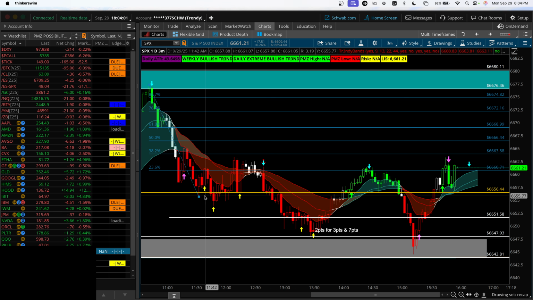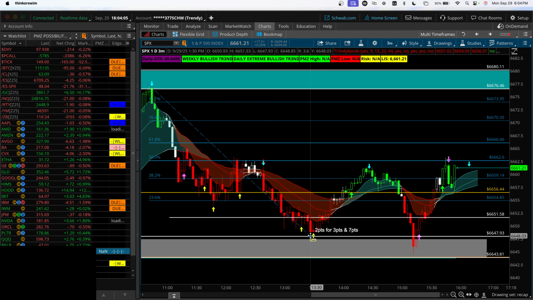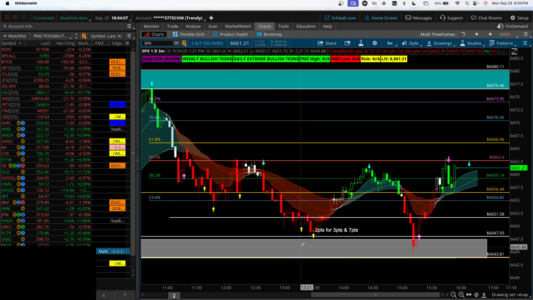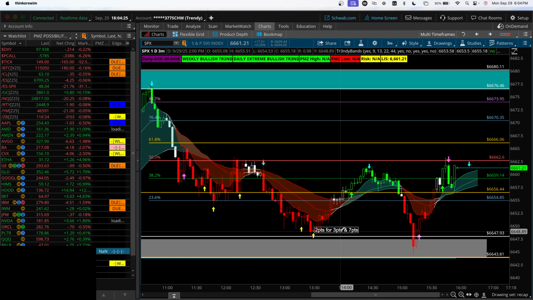Let me adjust the Fibonacci levels here down to the low because this is a trade that I got into. Because it was later in the day, the premiums were less on SPX, allowing me to trade two contracts instead of one.